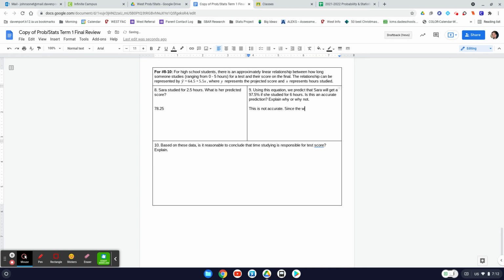Since the equation is based on 0 to 5 hours, and 6 hours is outside of that range, that means this is an extrapolation, which is never accurate.